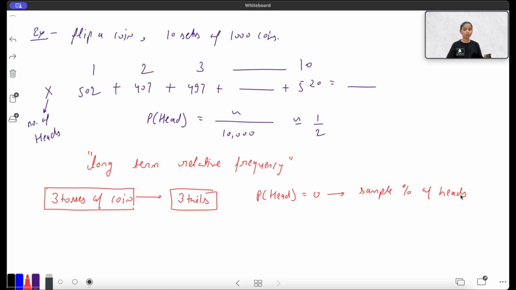Here it is coming out to be 0 because we are calculating the sample percentage of heads. So when we say that the probability of head is 0, it does not mean that the long term probability is 0, but that we haven't performed the trial for a long enough time. We have just tossed 3 coins.